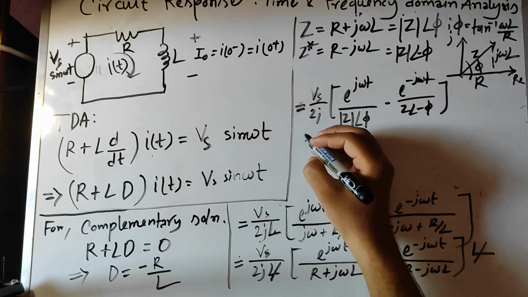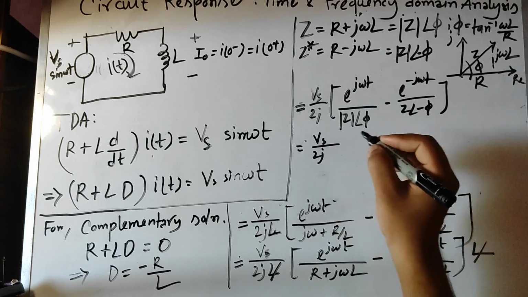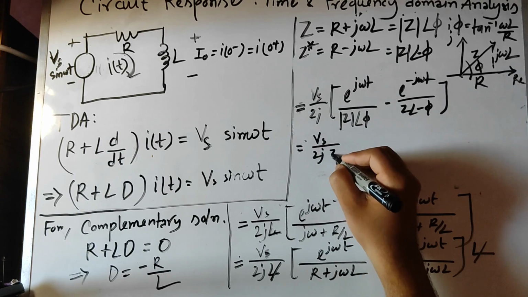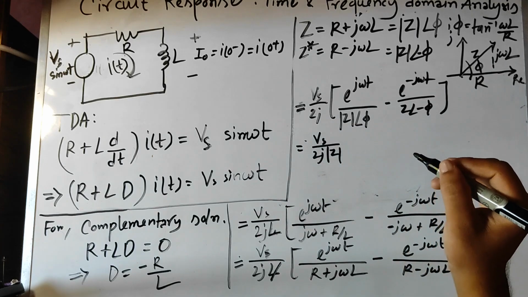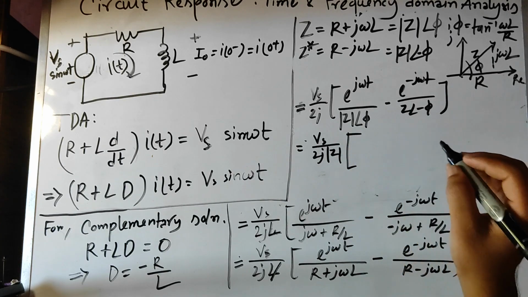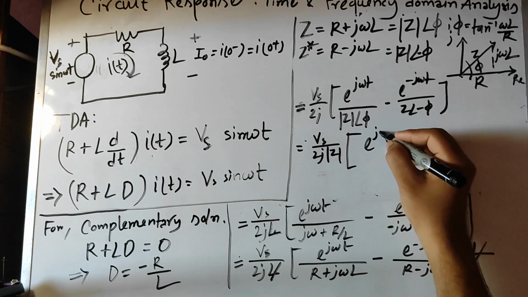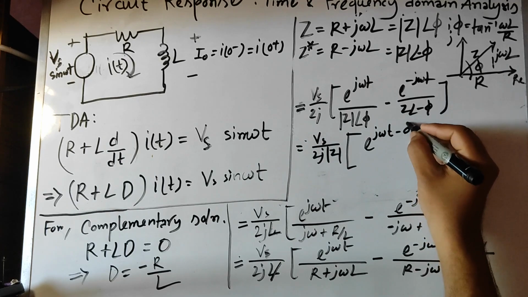If we take the common term out, which will give 2j z, the magnitude, and e to the power j omega t minus phi.